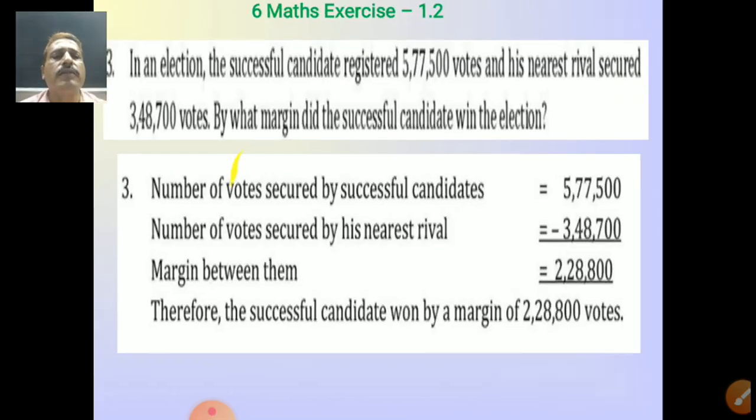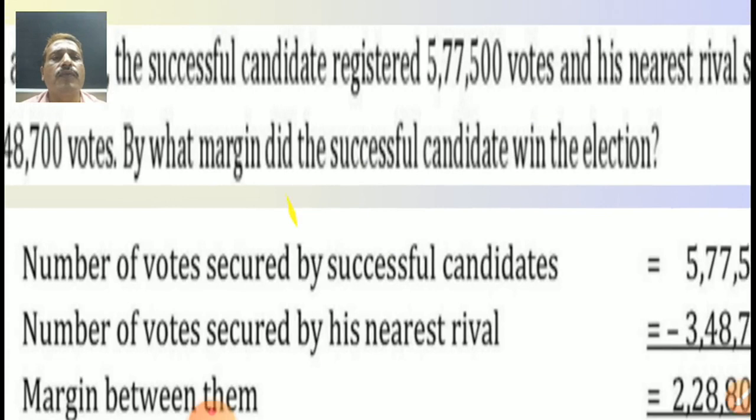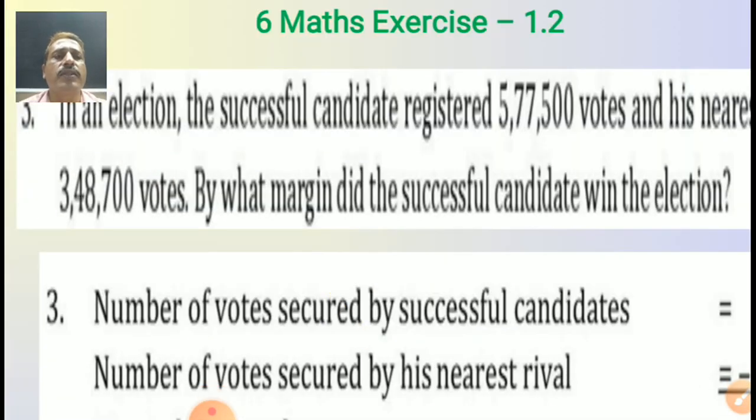See, here is our third question of exercise 1.2, standard 6. In an election, the successful candidate registered 5,77,500 votes. Do you know what an election is, students? Election का मतलब? Yes.